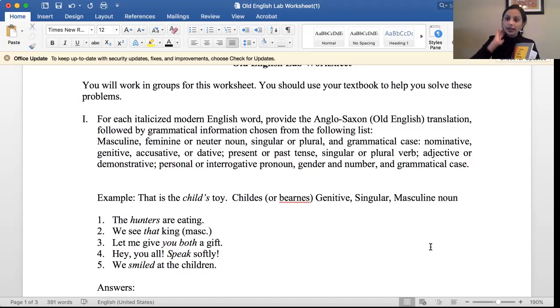And sometimes you're not able to find the exact word. Feel free to use an Old English dictionary that you can find online, or any other resource that you have for Old English. So that's going to be useful for you as well. So that's what I want you to be doing. And majority of the things with the grammatical information can be found, for example, in these kind of tables that you have in your chapters.